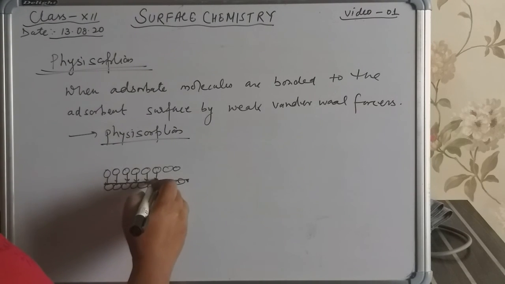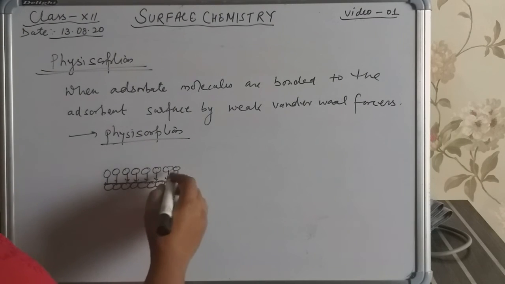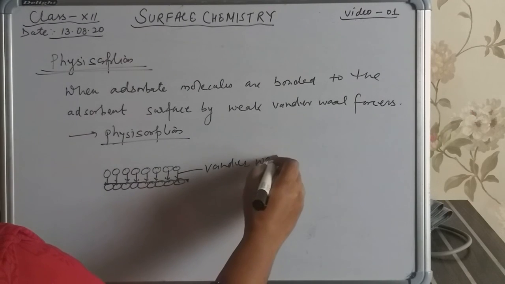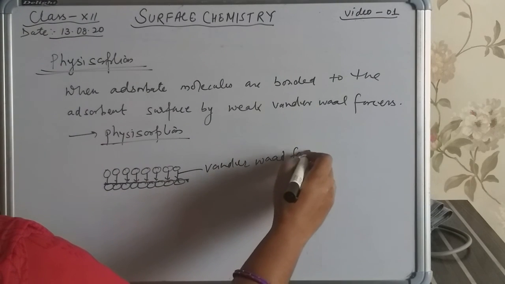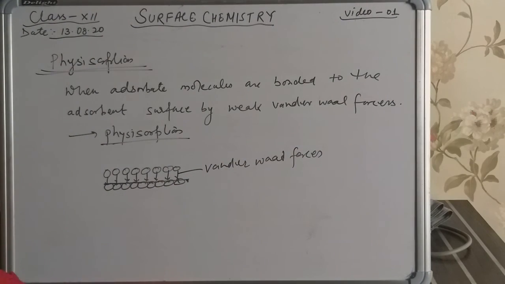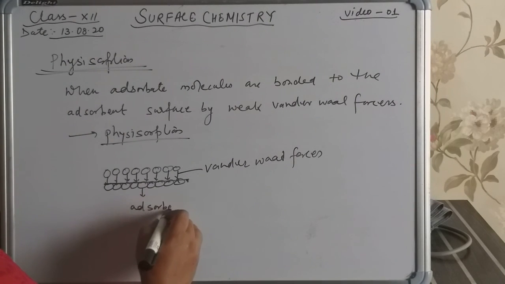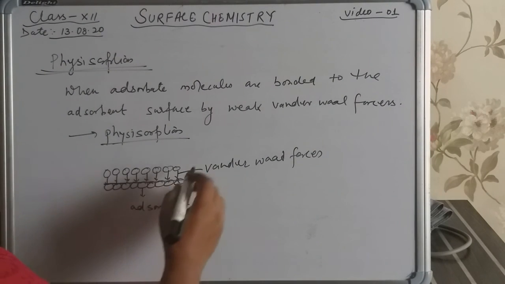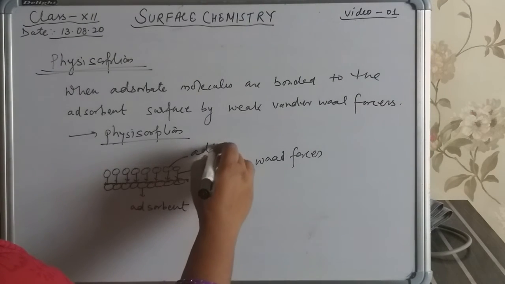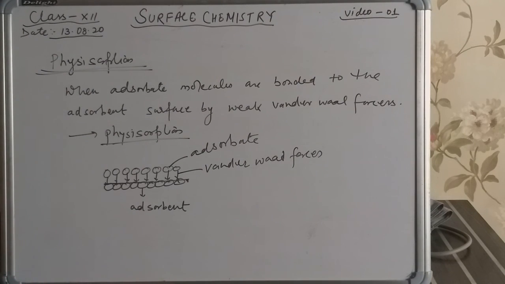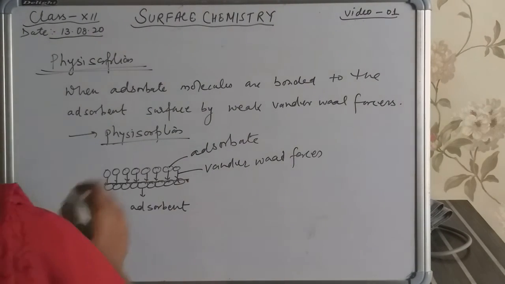There is a weak force of attraction between them, which is called the van der Waals force, because we know that van der Waals forces act between any two molecules. This is the adsorbent, and this is the adsorbate. So in this way you can explain physisorption.